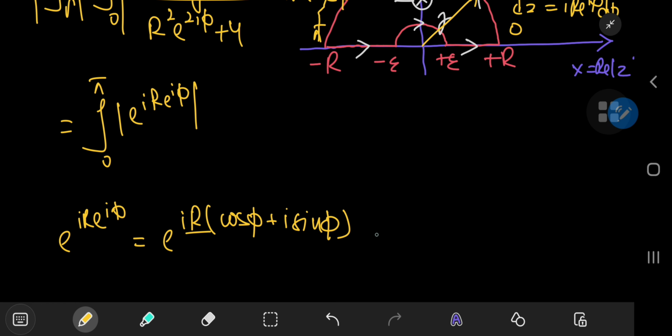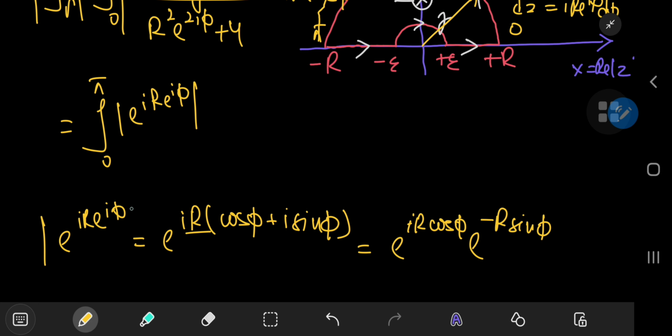So if you multiply out by i times r, you get e to the i r cosine phi, i squared means -1, so minus r times sine phi. And using the laws of the exponential function, you can write this as the product of these two exponentials.